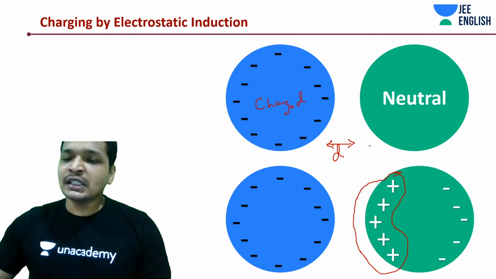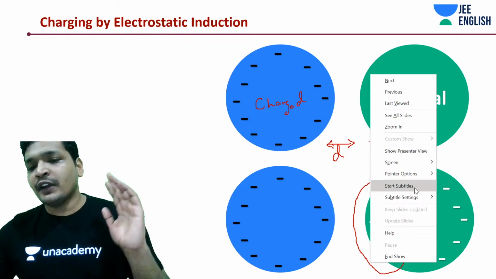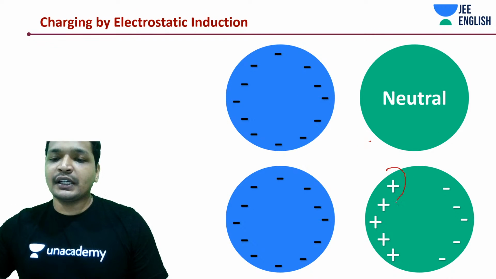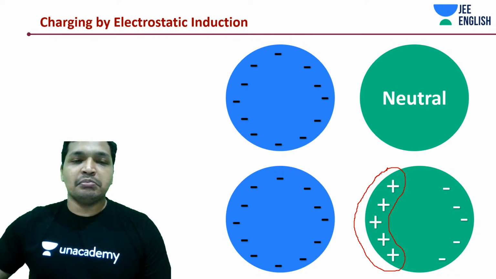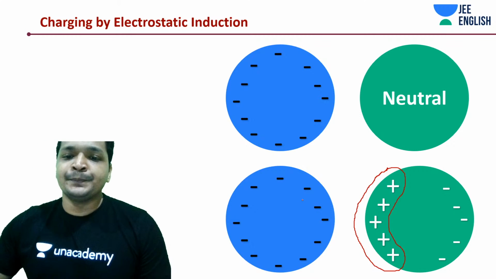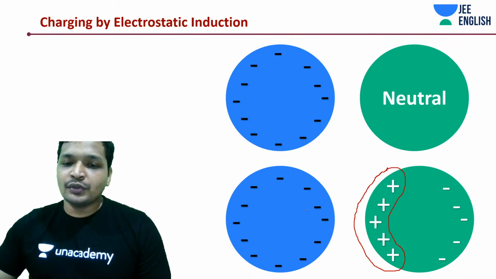So this is known as electrostatic induction, a very popular phenomenon. Whenever you get started with electrostatics, probably this is the first thing that you read, in your secondary class, I mean, in your school. All these experiments that we have been doing are like charging through induction.